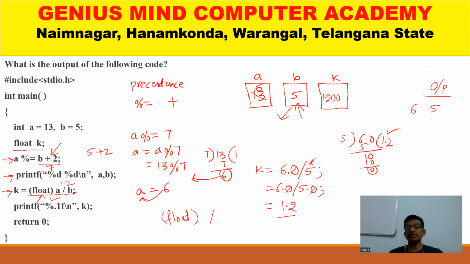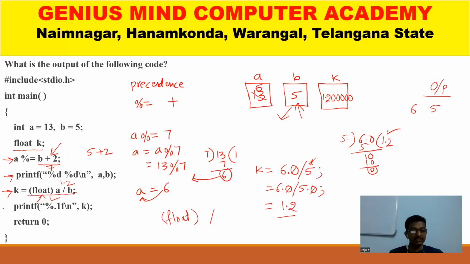So it will be stored inside the memory as 1.200000, with 5 zeros. So it stores up to 6 decimal places.